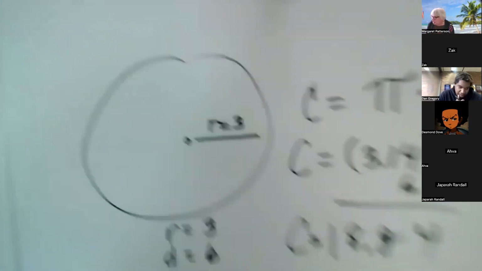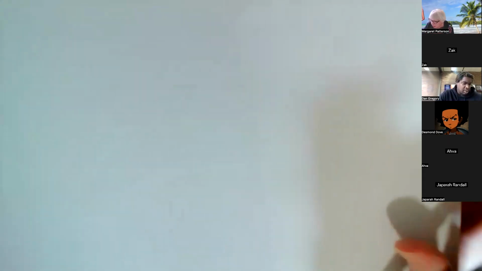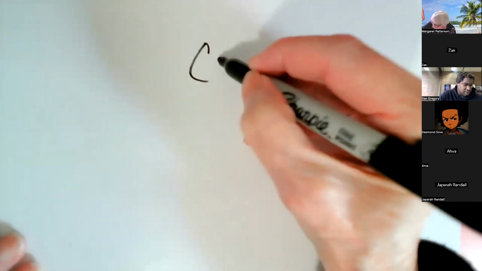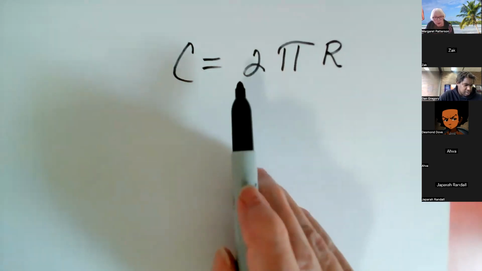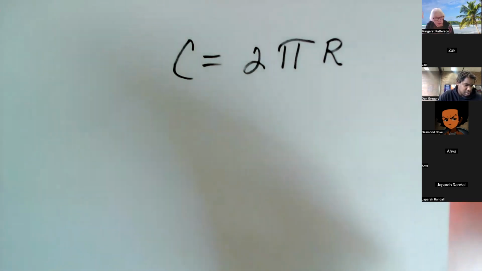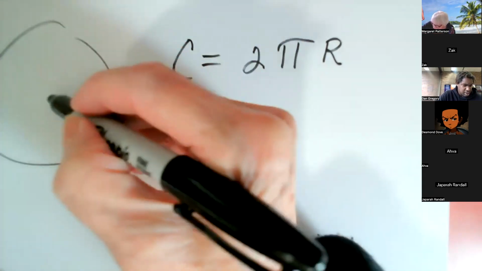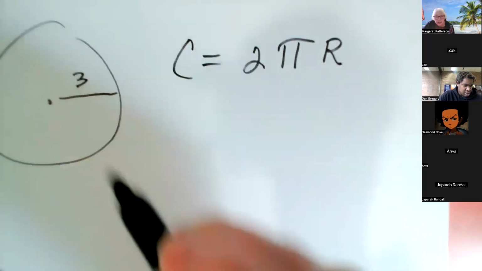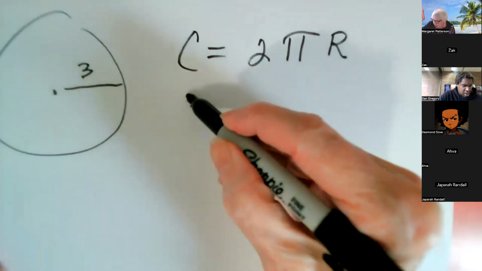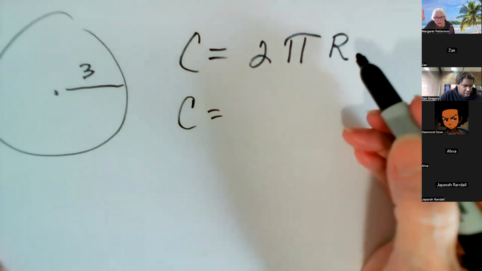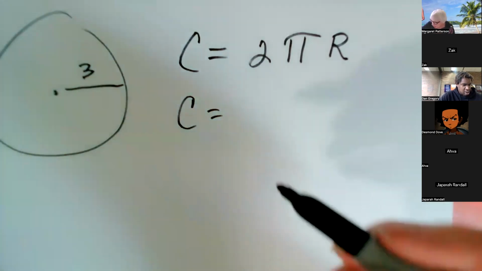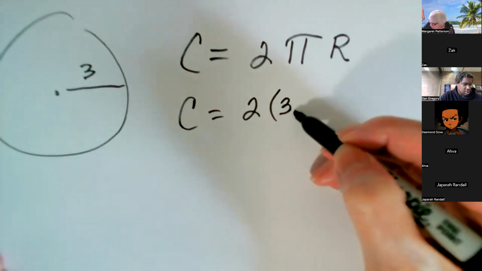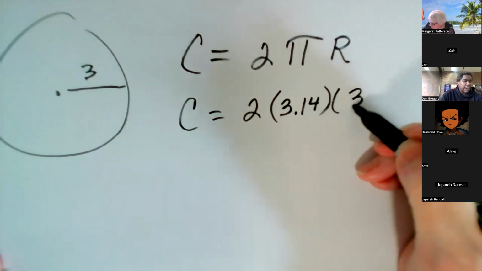Now, this particular thing, there is another version of this for circumference, but I think the other one is just perfectly fine. But if the radius was 3, you may have learned this as 2 pi r. I'm just mentioning it in case somebody knows it this way. So it'd be 2 times 3.14 times the radius.